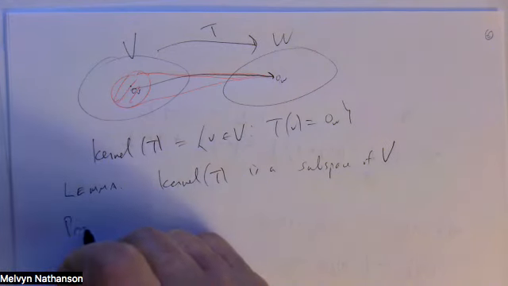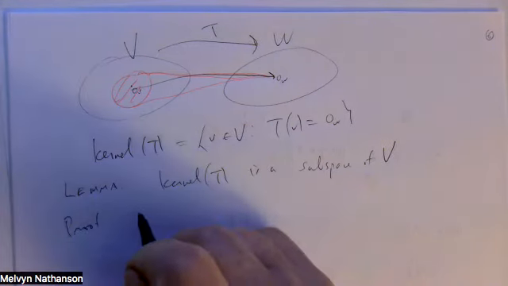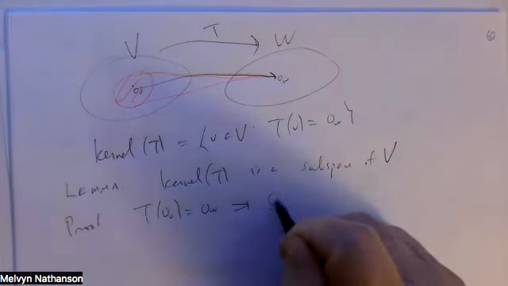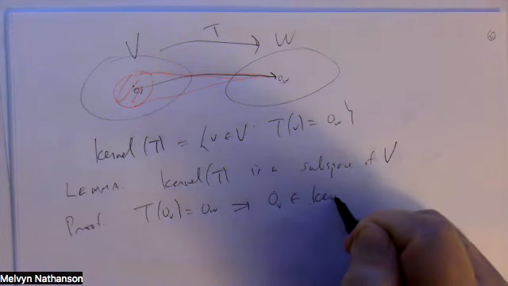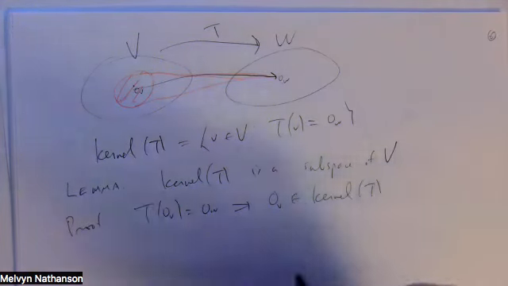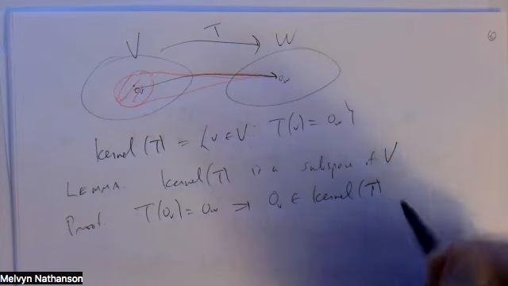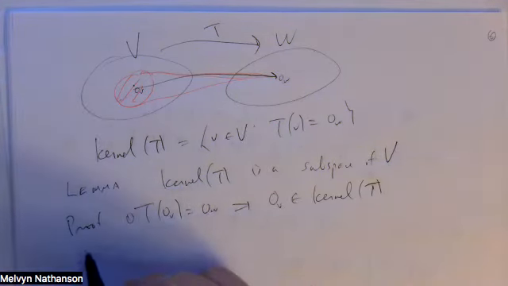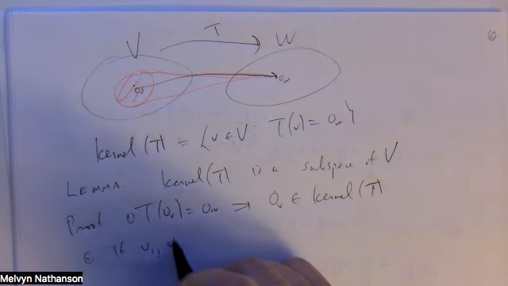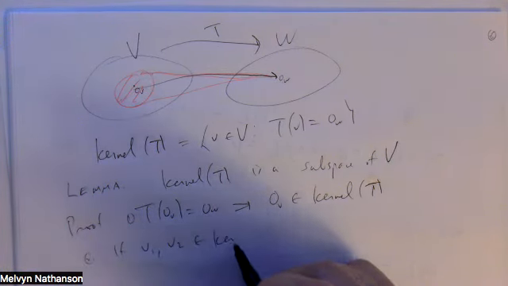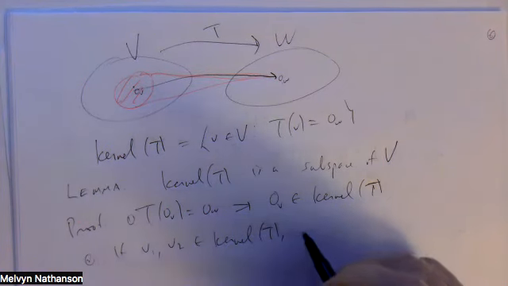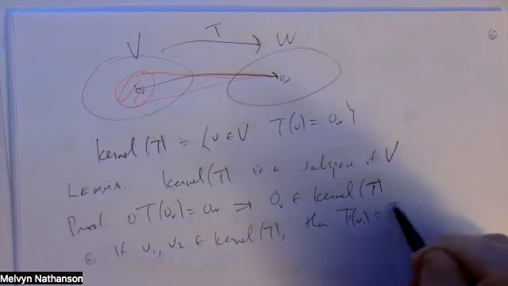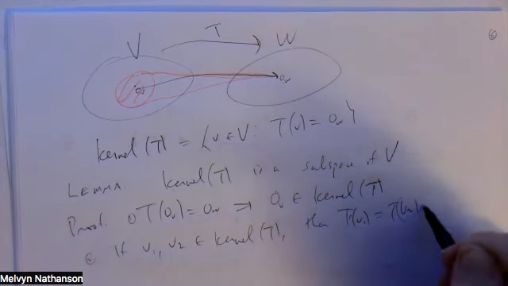Proof. Well, we already saw that T of the 0 vector is the 0 vector. So the 0 vector is in the kernel of T. So that's the first property of a subspace, and it's satisfied. Second, if v1 and v2 are two vectors in the kernel of T, then T of v1 is 0 and T of v2 is 0.